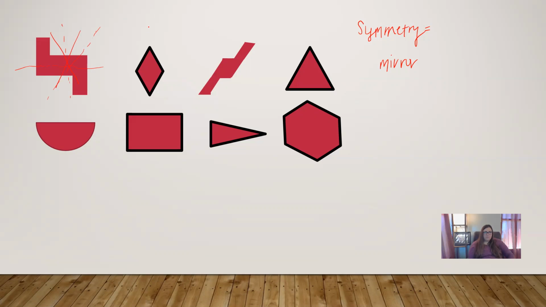But here we have the diamond. Everybody knows if you have a piece of paper in the shape of a diamond, you can cut it in half this way and have the same look on both sides. You can cut it this way, and even this way, and this way. So those all create symmetry.